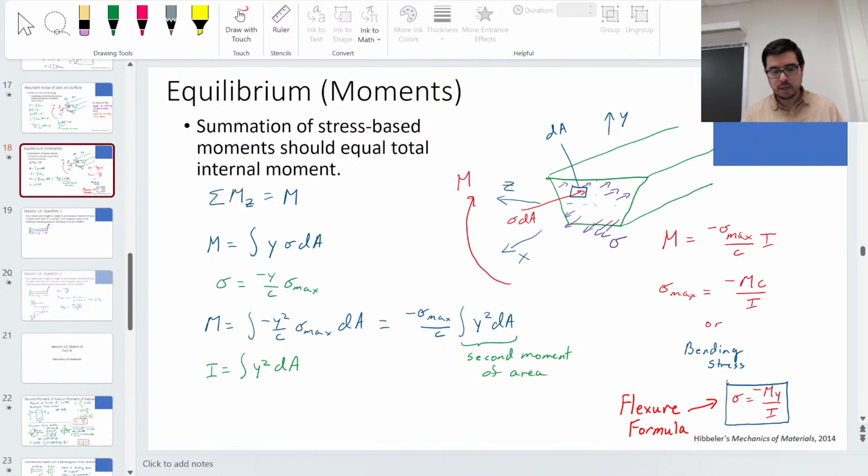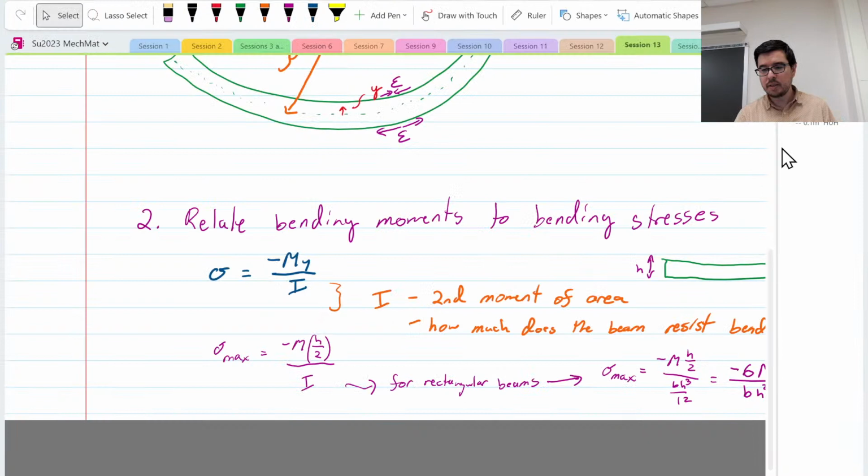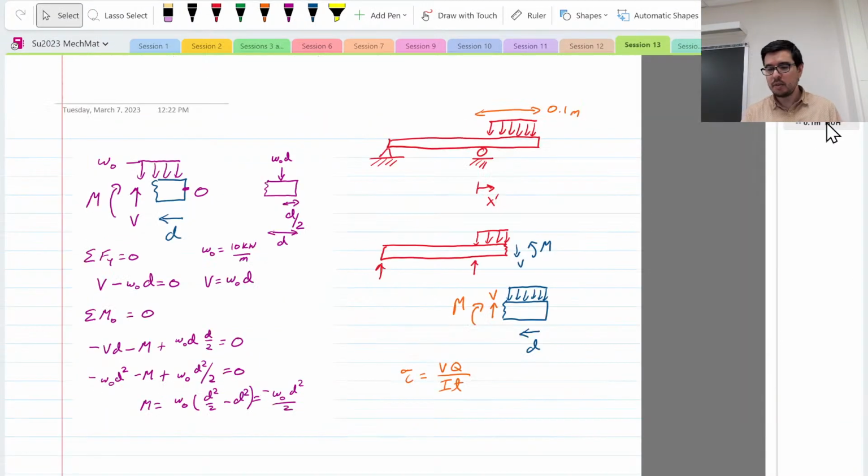There's a little derivation of it on the OneNote now. After you've worked on it a little bit, go to session 13 for our summer course and you can find it there too.